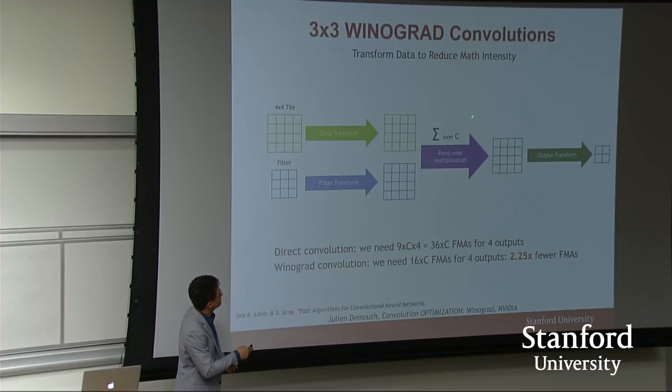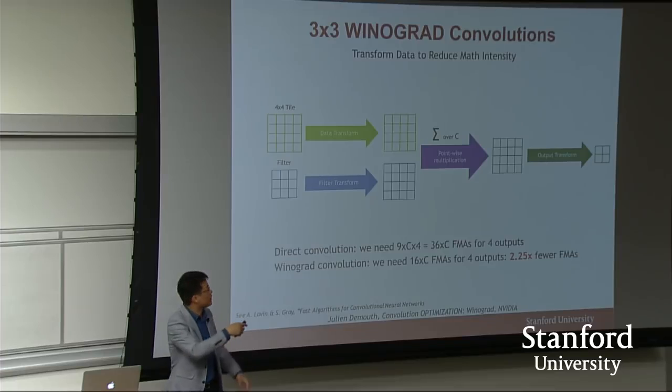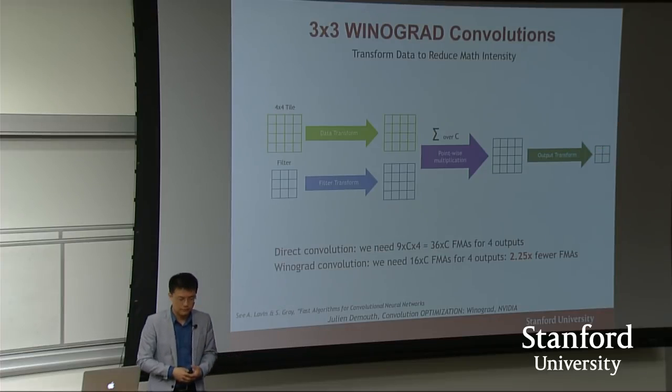What we do here is sum over C and do an element-wise product. So there are only 16 multiplications happening here. And then we do an inverse transform to get 4 outputs.